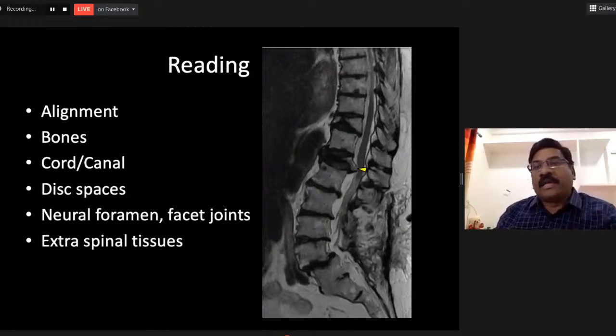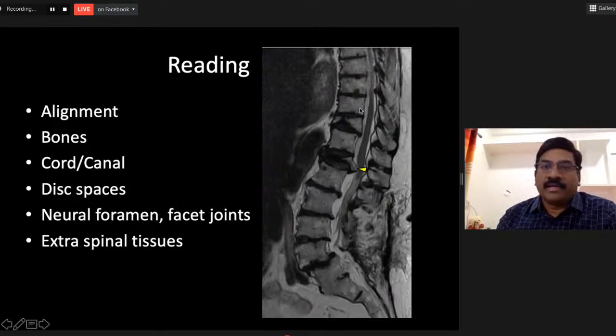How you read the MRI in the sagittal view is very important. It's the same as how you read a lateral lumbosacral spine X-ray. So the mnemonic is A, B, C, D: alignment, bones, cord or canal, and the disc spaces. These are very important. This MRI depicts almost all the pathologies which we can see.